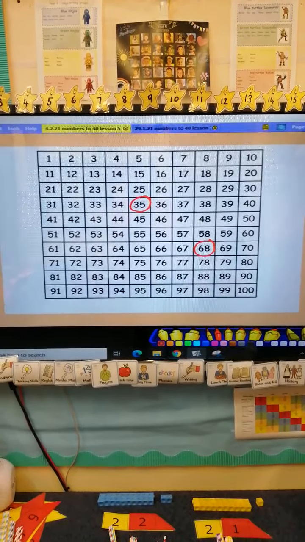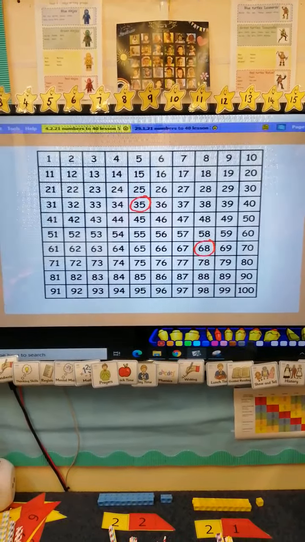I've still got my two groups of 10 in each number, but in my 22, I've got 2 1s, and in 21, I have got 1 1. How many more do I have in my group of 22? That's right, good spot. Look, I've got 1 more. 22 is 1 more than 21.